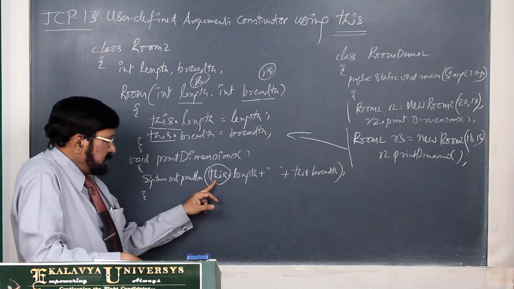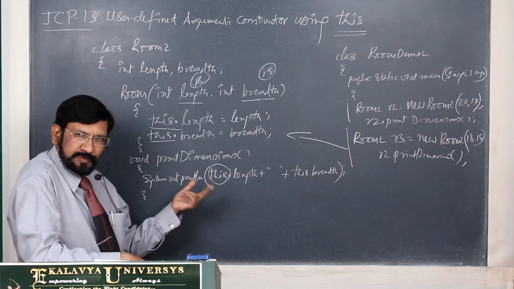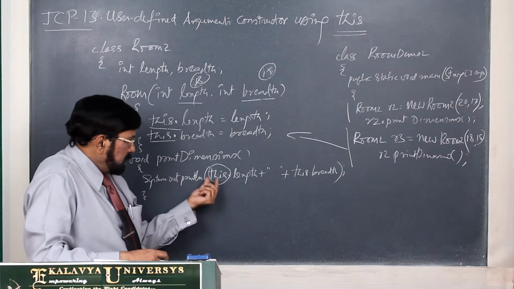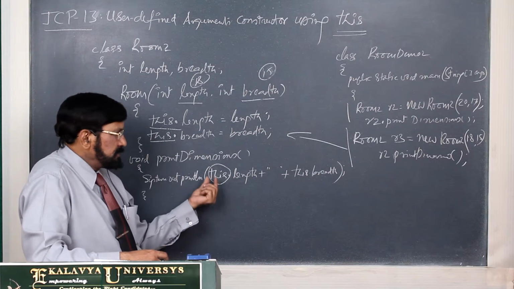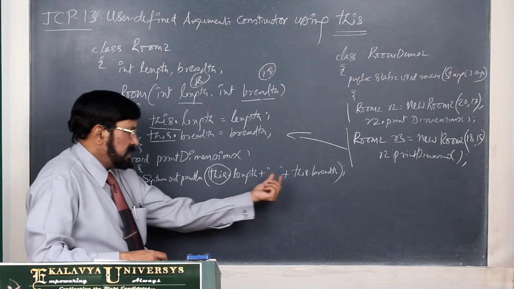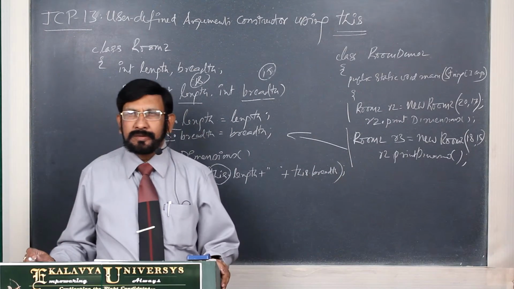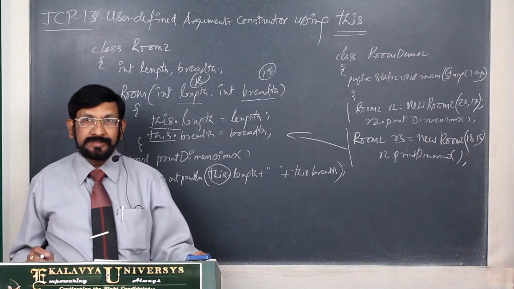Understand? If you write this, of course it is unnecessary, but for the sake of conceptual understanding, this dot length means R3's length, R3's breadth. So habituate yourself to write this.